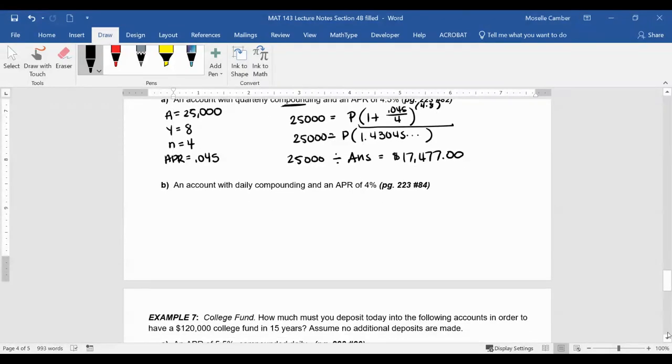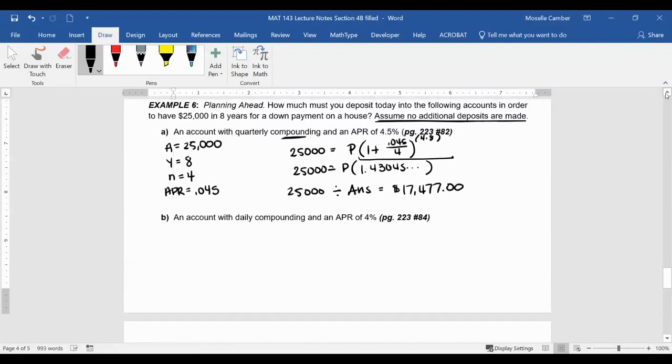Okay, now let's look at an account with daily compounding and APR of 4%. So same thing, we still want to have $25,000 in my account. And I'm still waiting for 8 years. But this time I'm doing daily compounding, so my N is going to be 365.